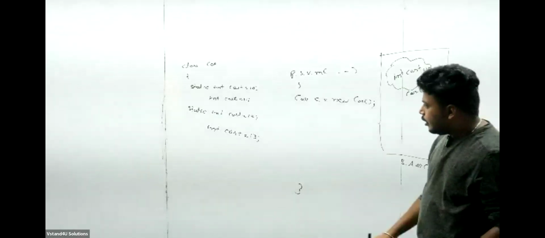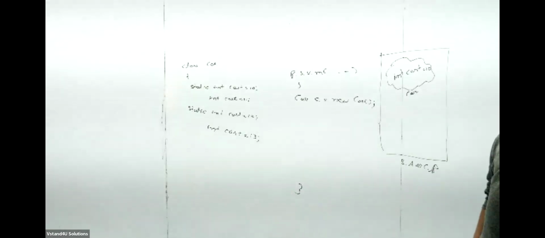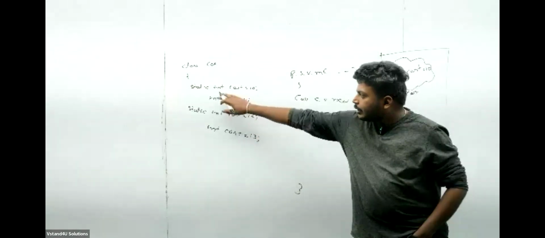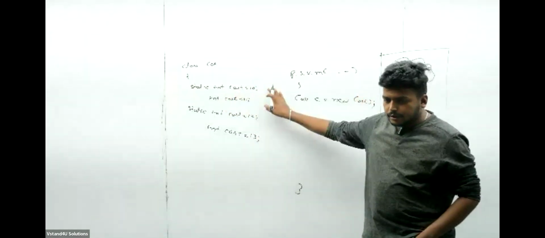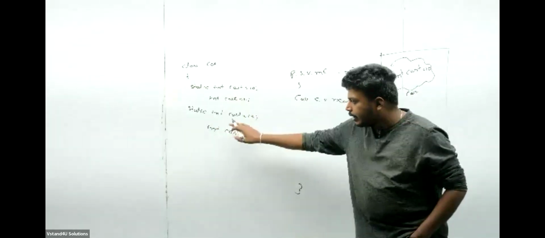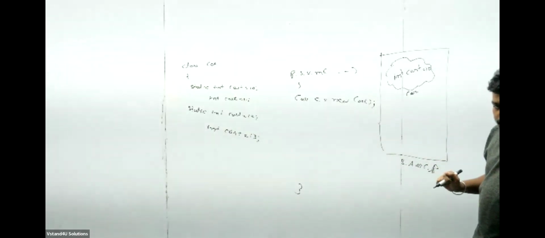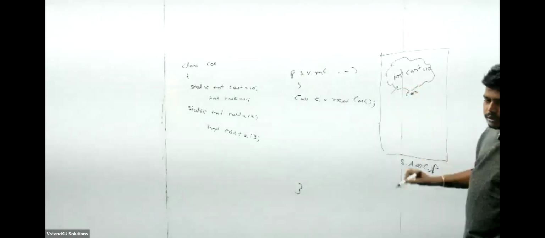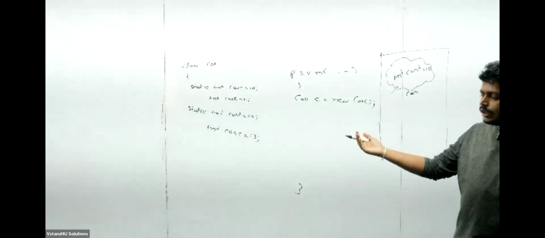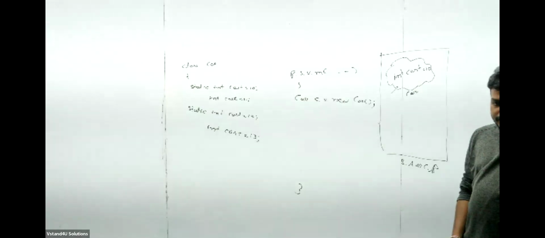Then what about cost 12? Where will it be stored? Any idea? Sir, you have taken static int cost is equals to 10. This is non-static, I will come afterwards. Then again you have taken static int cost is equals to 12. Where will it be stored? It will be stored in the same pool. Huh? Replace? Okay, I'm not reinitializing here. Any idea?